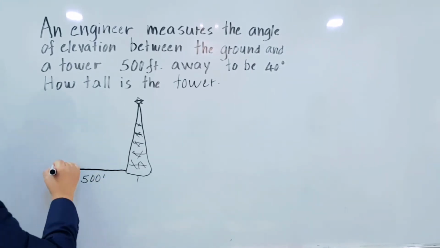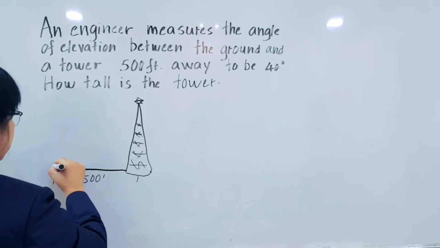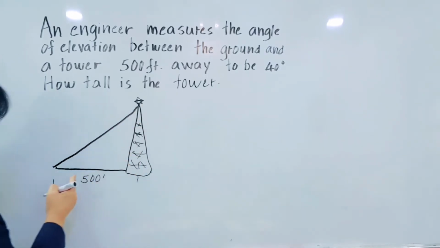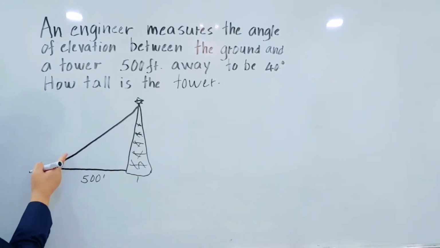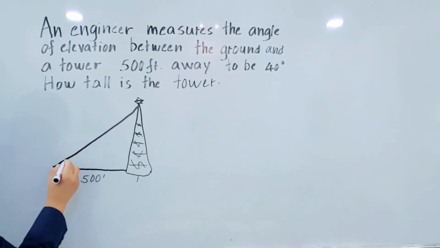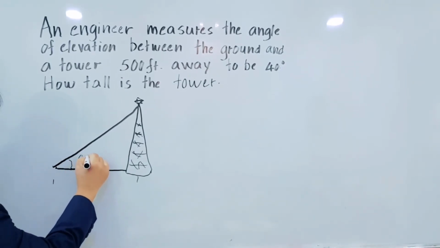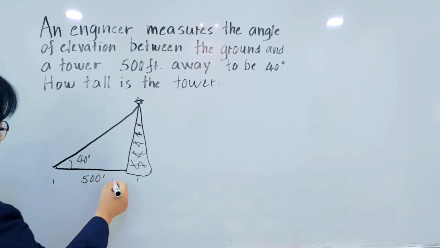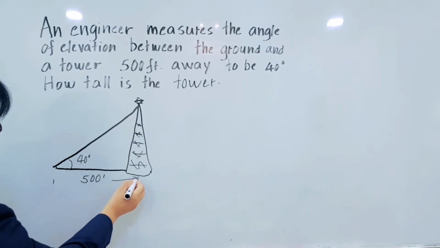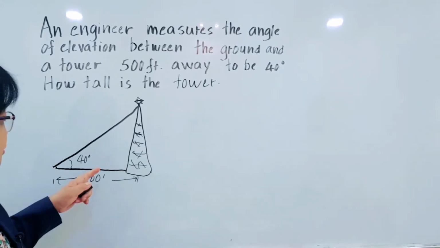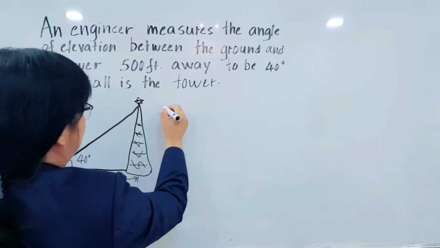And this engineer measures the angle of elevation, which is from this horizontal going to this slanting line. So we have 40 degrees, and we have the distance from the tower to the point where the angle of elevation was taken. So how do we solve the height of the tower?